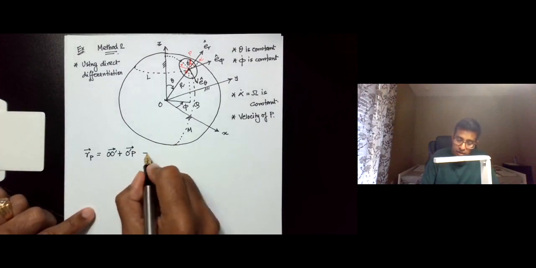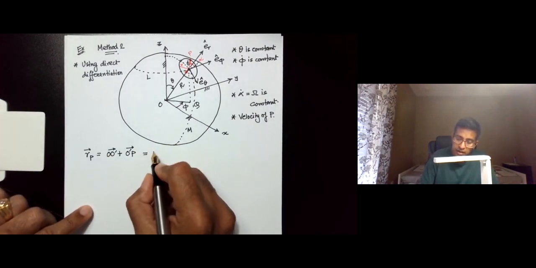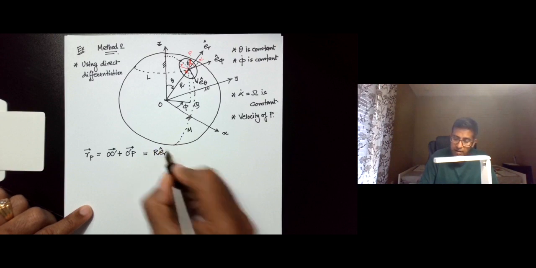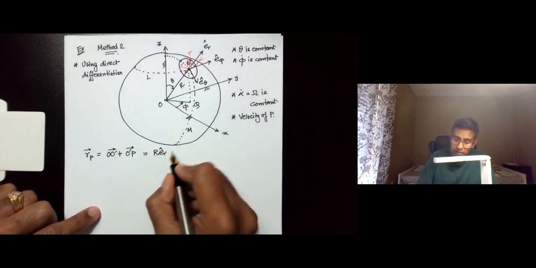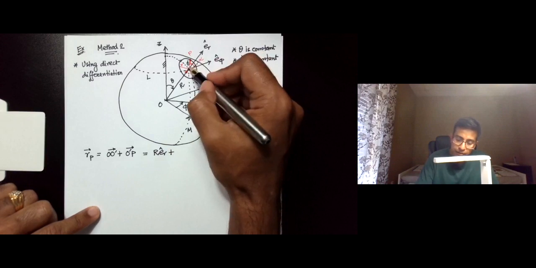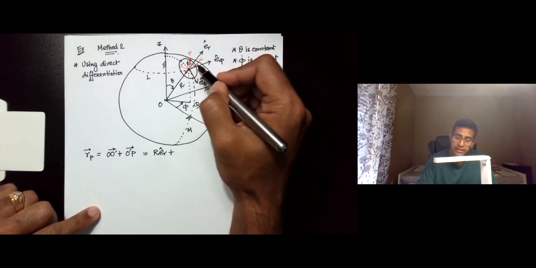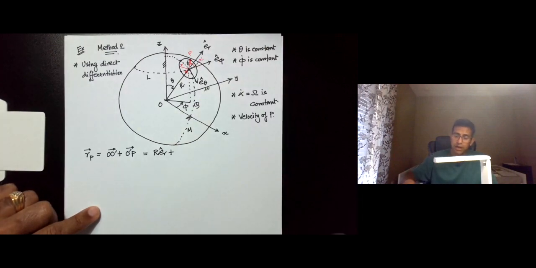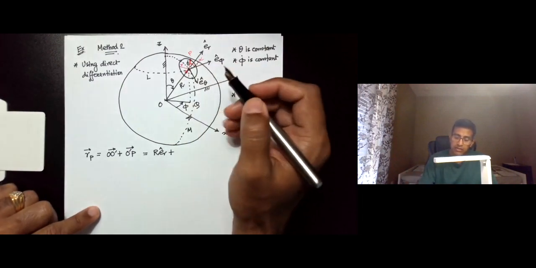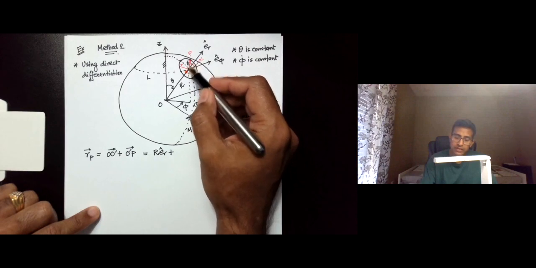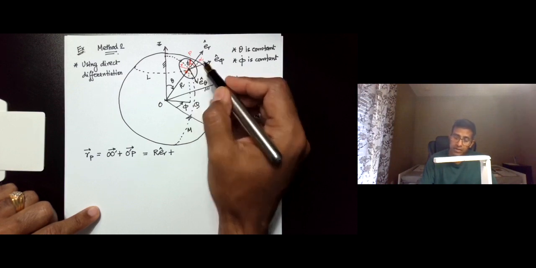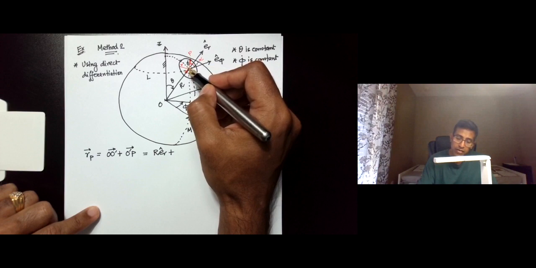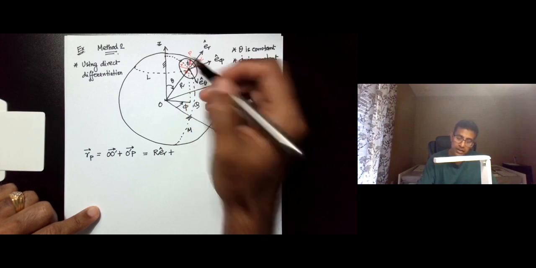Now O prime is given by capital R ER, and then O prime P is given by, now the angle alpha is being measured from the latitude and along the disk, and so if you resolve this vector O prime to P, you will see that one component will be along the E phi direction, and the other component is going to be along the E theta direction, but opposite to the E theta direction.